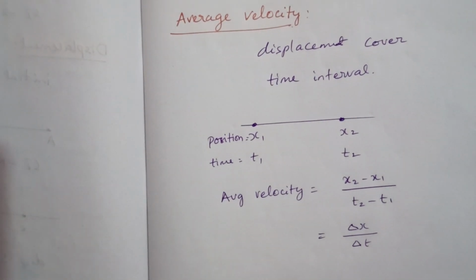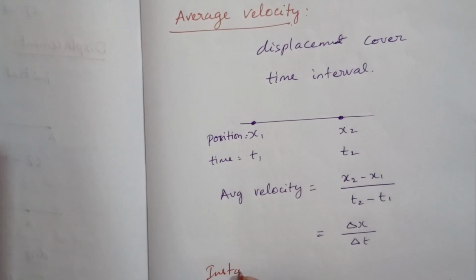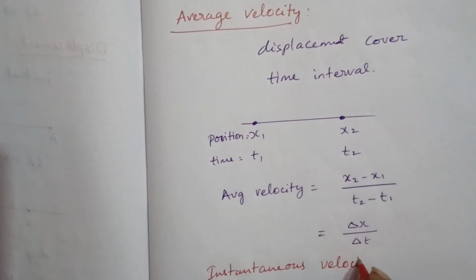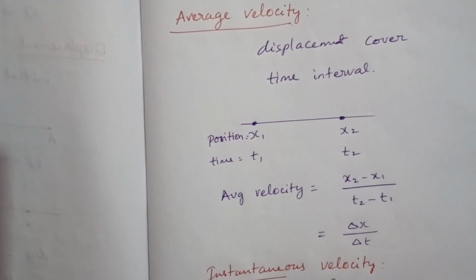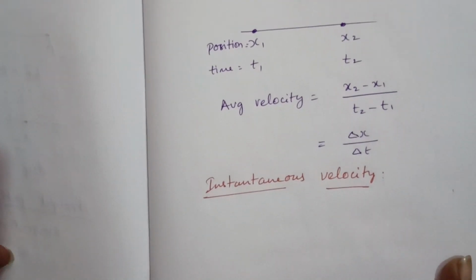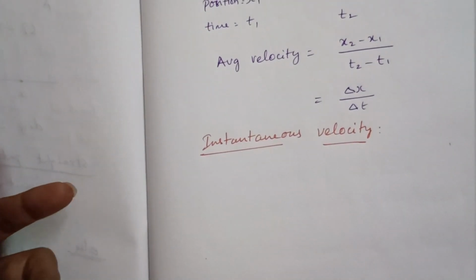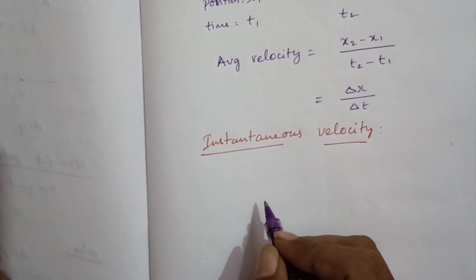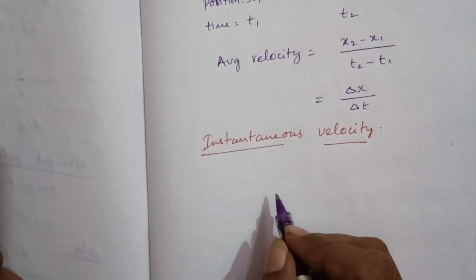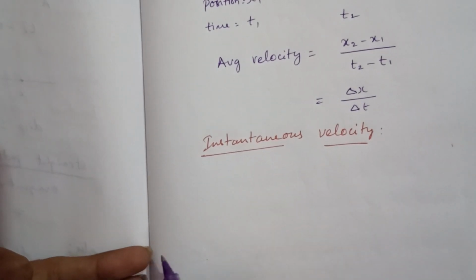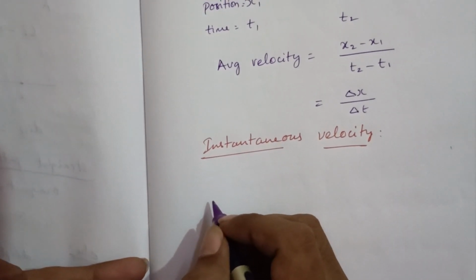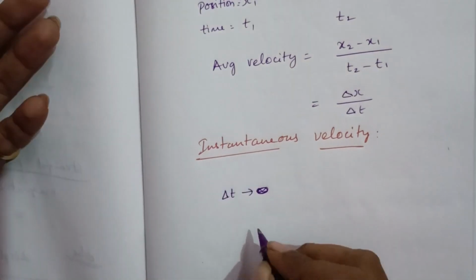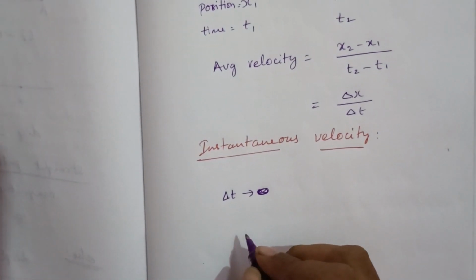Now, instantaneous velocity means the velocity of the body at a particular instant. Velocity of the body at a particular instant is instantaneous velocity. Here, in instantaneous velocity, time tends to 0.